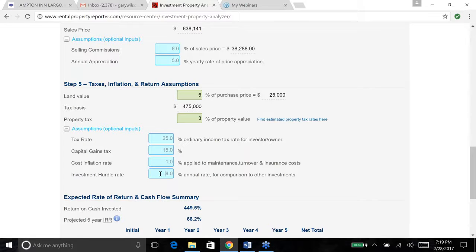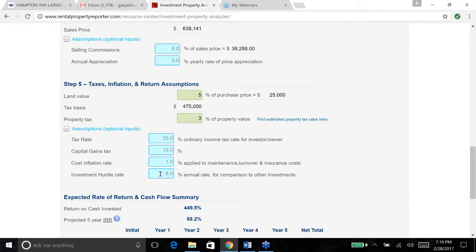Your investment hurdle rate. So what this is, okay, if you want to compare this investment with other investments, you've got to make an assumption here. What are those other investments likely making? Well, as you notice in the stock market, the Dow finally hit over 20,000 a few weeks back, and even the Nasdaq is up dramatically from its low post Y2K.